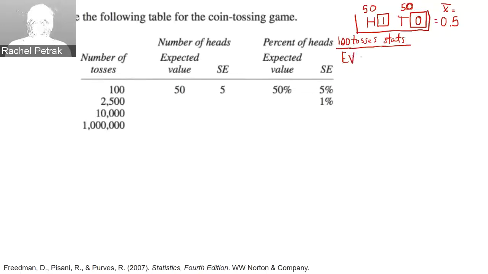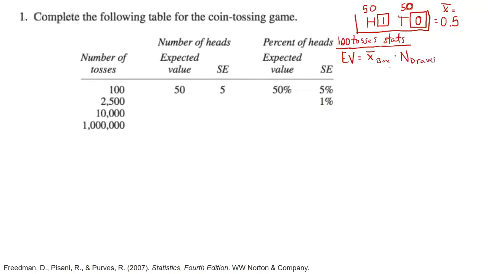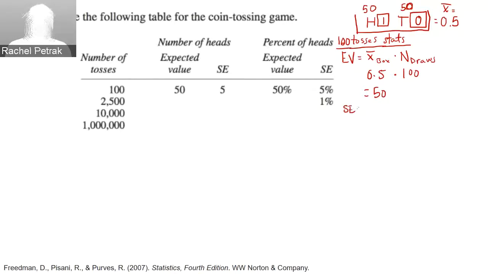So for 100 tosses, remember our expected value is equal to the mean of the box times the number of draws, and the standard error is just the square root of the number of tosses times the standard deviation.